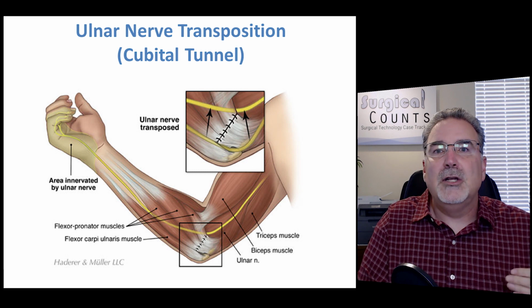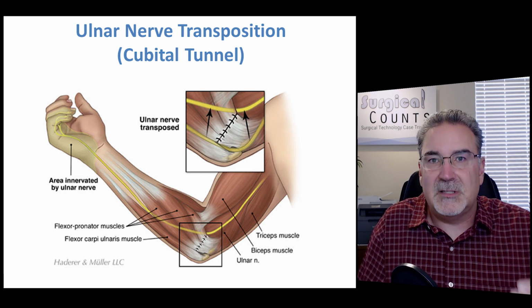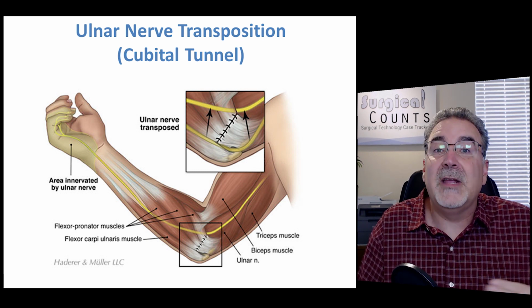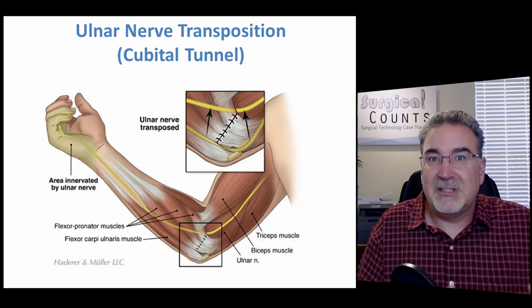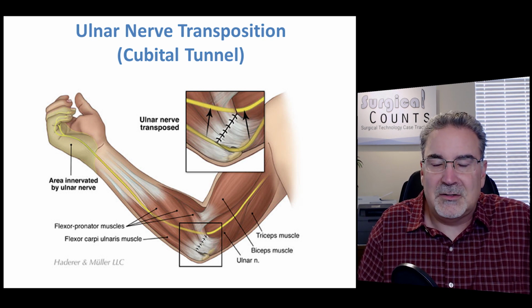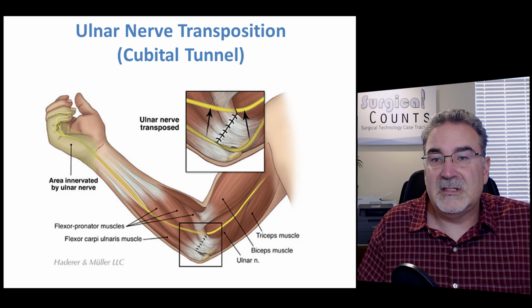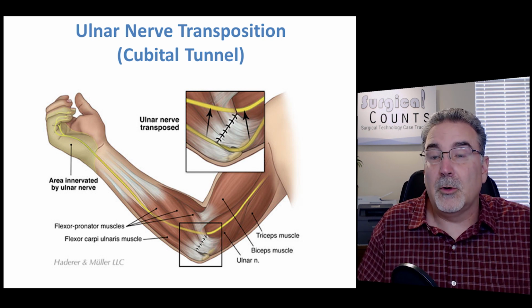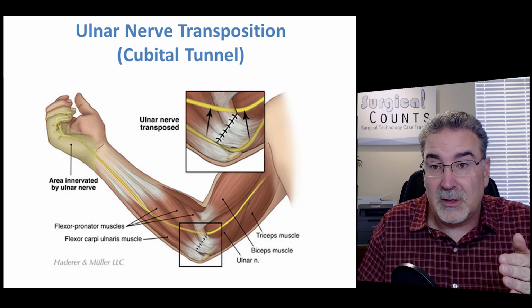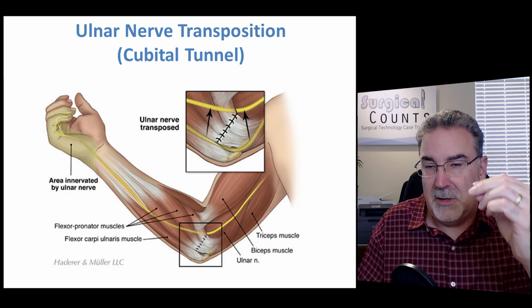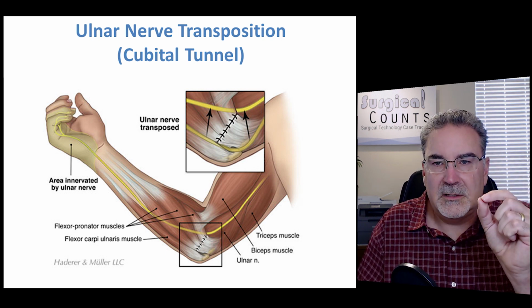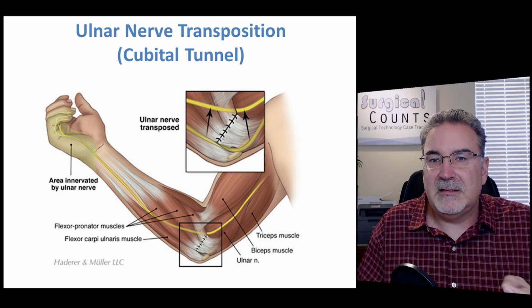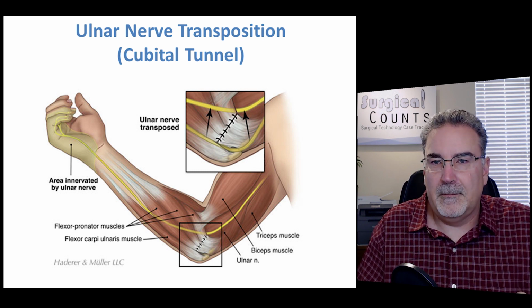So you're going to do a transposition of this ulnar nerve, moving it to a different location where it's not going to be pinched, where it's not going to cause that tingling sensation. So you can see here where the nerves run through these tendons in the elbow. So what we're going to do is we're actually going to cut through those tendons, move the nerve to a different location, and then resuture those tendons together. That's a cubital tunnel repair.